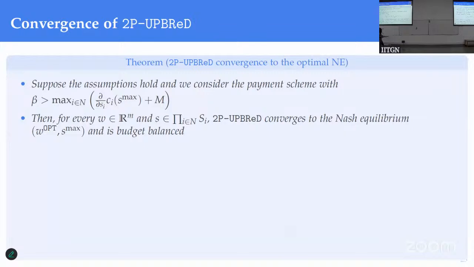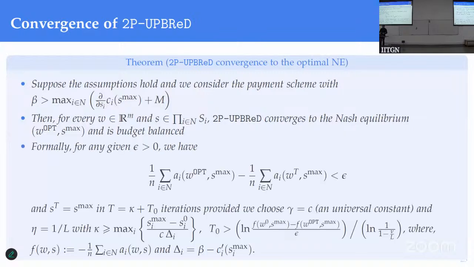Yeah, these are just the technical details, you don't have to look at them. Just to show that this T0, the time up to which you need to run this, is exactly the same as the log of 1 over epsilon. So the convergence guarantee is still the same.